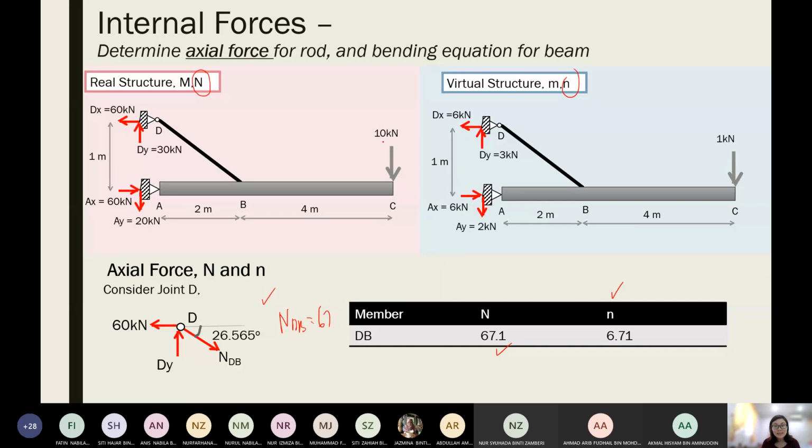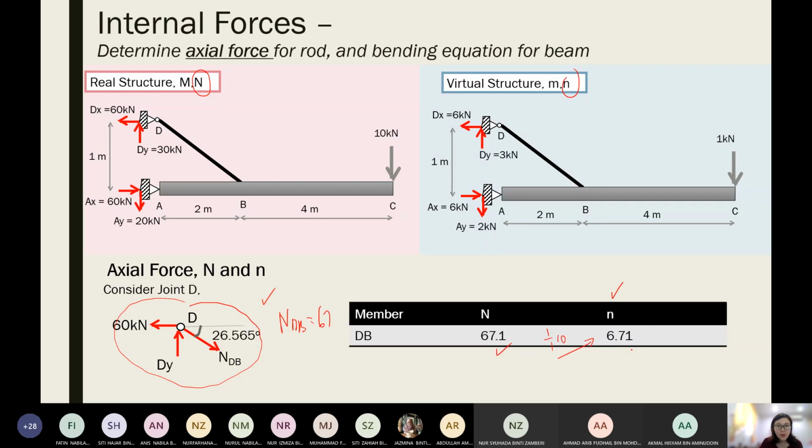You can also use the proportionate method, where you just divide by 10. Or if you are not confident with that, redo this equilibrium at joint D for this virtual structure. You will get 6.71. Are you okay with this slide?